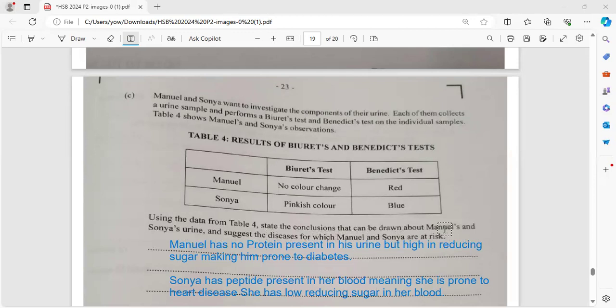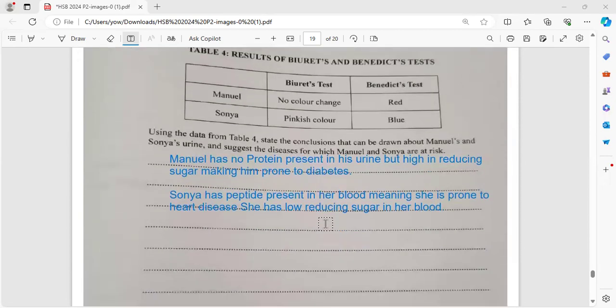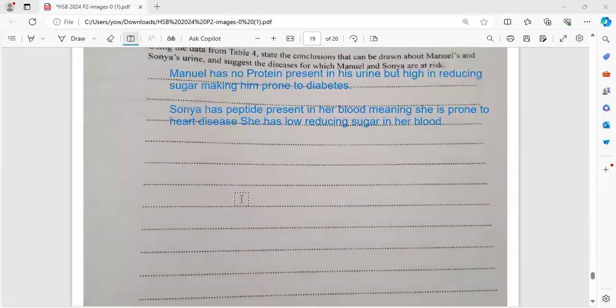Too much protein could give you heart disease, and it could lead to cancer. So those are a lot of things too much protein can result in over time. Any one of those would be fine. She has a low reducing sugar level. So something like that, you'll get your full 6 marks.